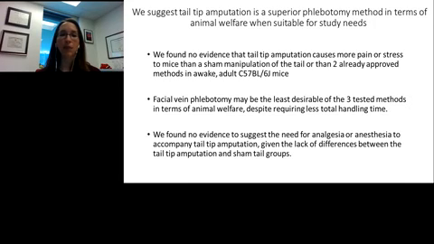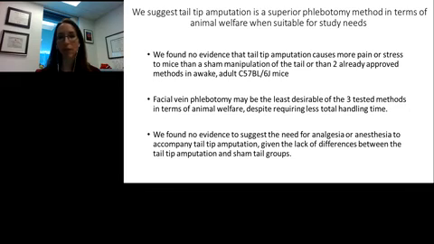So again, in summary, we found that there was no evidence that tail tip amputation caused more pain or stress to mice than just a sham manipulation of their tail, or than 2 already approved methods in awake adult mice. We found that facial vein phlebotomy may actually be the least desirable of the 3 methods in terms of animal welfare, even though it took less total handling time.